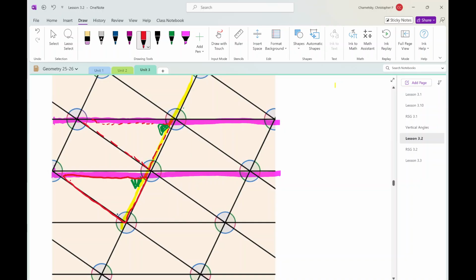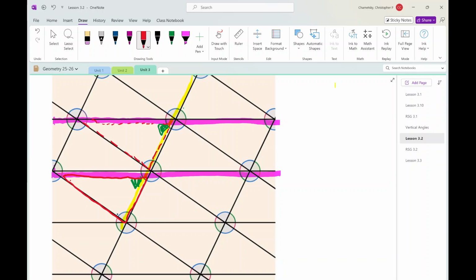So if I take this original triangle here, let's say this is my first triangle with this green angle in the top right corner, can I move it and have it line up along these parallel lines and still get these same green angles?